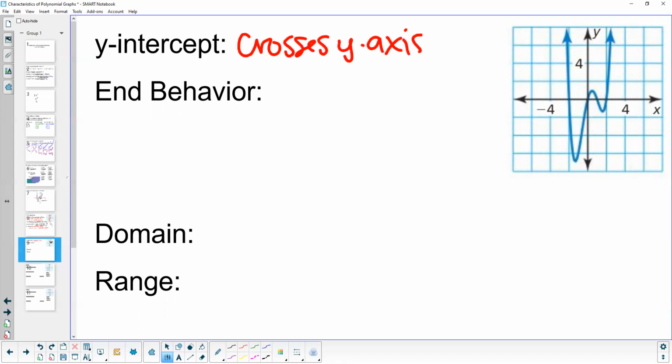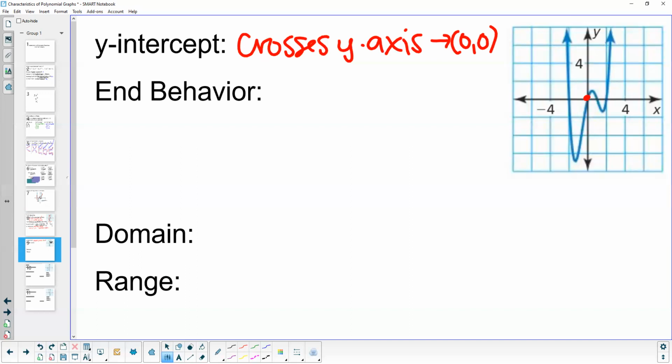It crosses the y-axis at only one point, and that's by definition of a function. A function can only have one y value for every x value. So it's only going to cross right here at this point. In this case, our y-intercept is at the point 0, 0, or when x equals 0. That's where our y-intercept is every time.